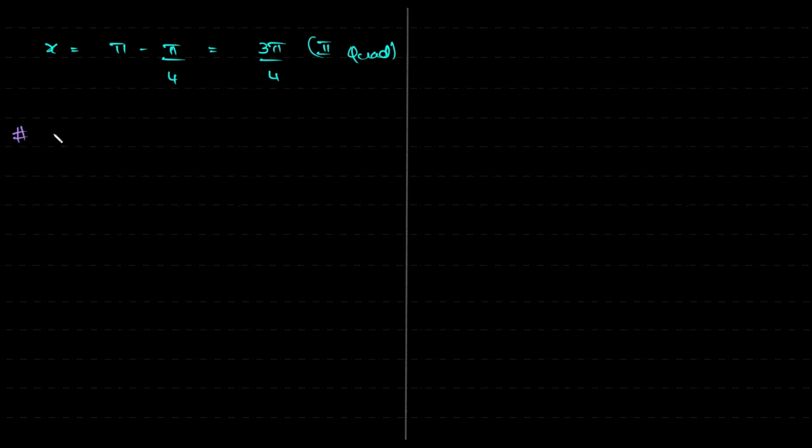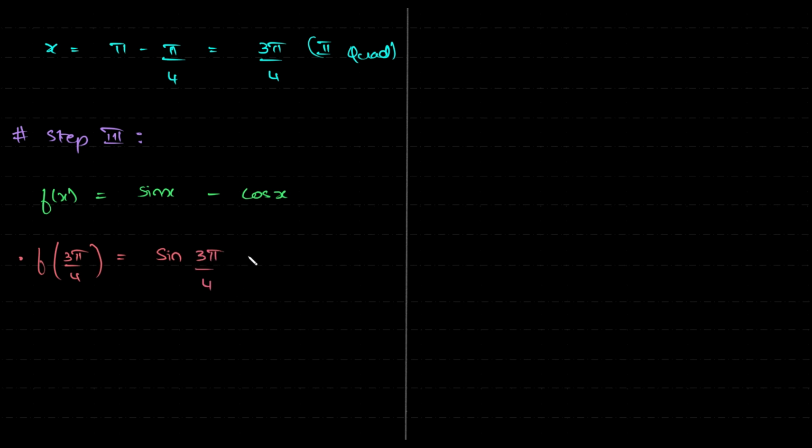And finally, we have step third, figuring out the values. So f of x is equal to sin x minus cos x. So f of 3 pi by 4 would be sine of 3 pi by 4 minus cos of 3 pi by 4.